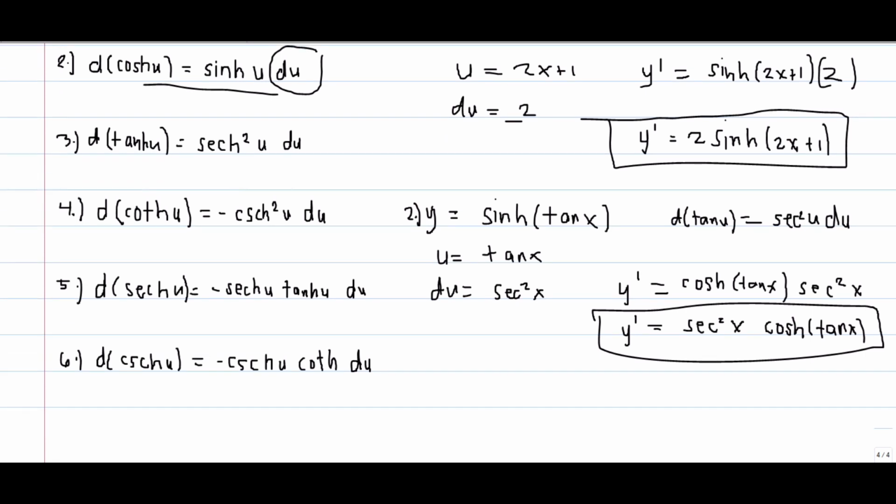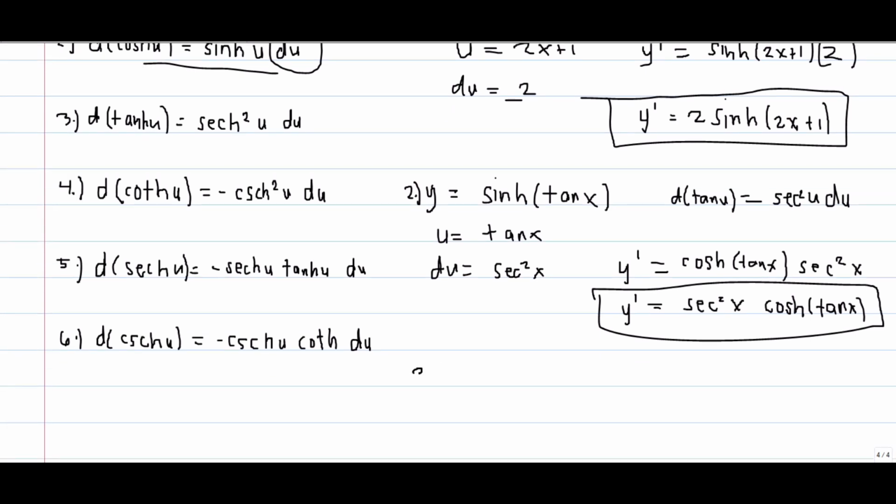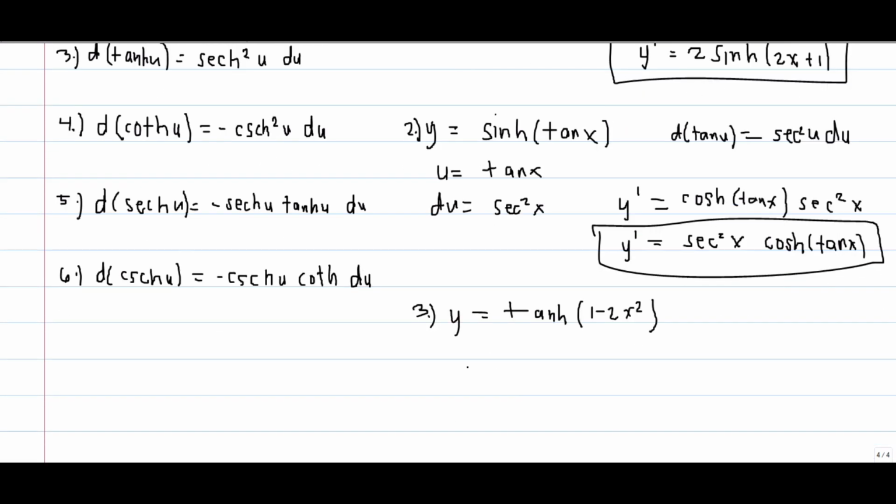Okay, another problem: y is equal to tanh of 1 minus 2x squared. What is the first derivative of this? Let's say u here is equal to 1 minus 2x squared, where du here is equal to negative 4x.